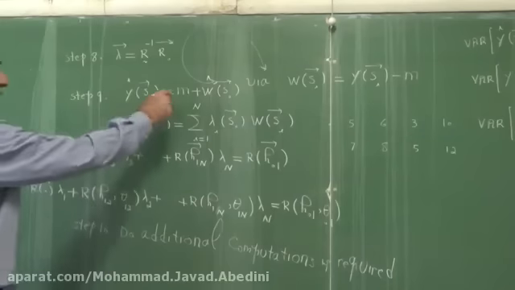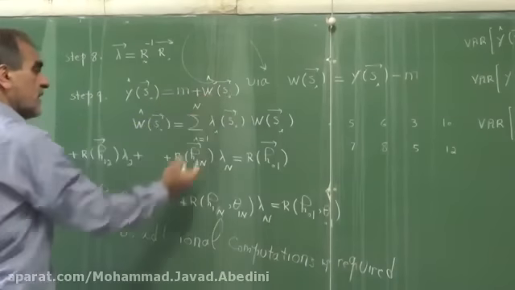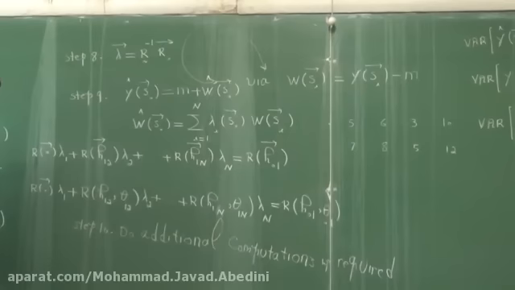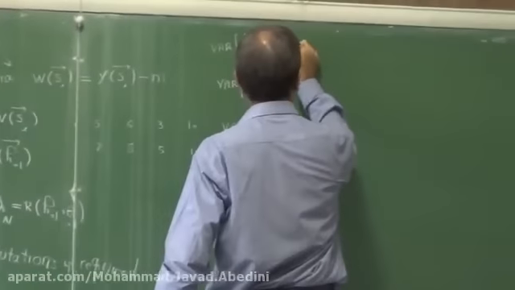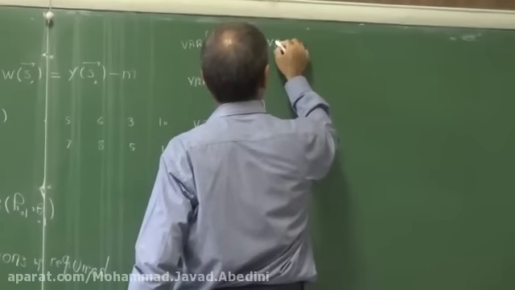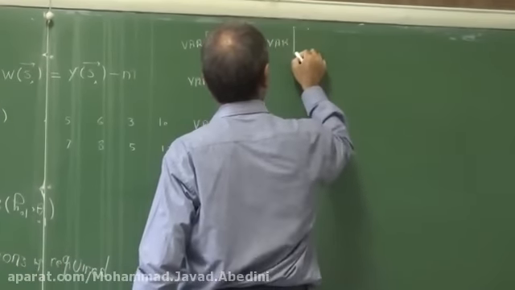Here, if you add this constant value to a random variable, its variance would not change. Therefore, variance of this is the same as variance of W hat.